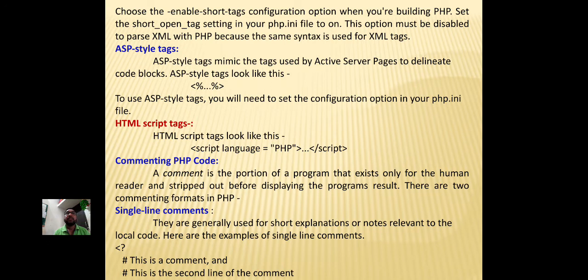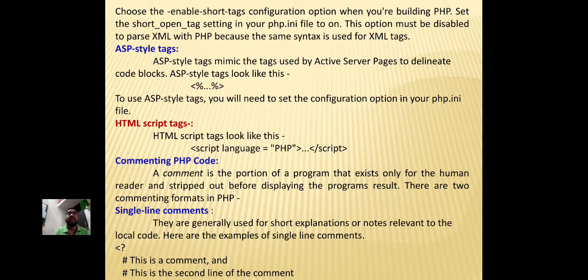Choose the enable-short-tags configuration option when you are building PHP, or set the short_open_tag setting in your php.ini file to on. This option must be disabled to parse XML with PHP because the same syntax is used for XML tags.